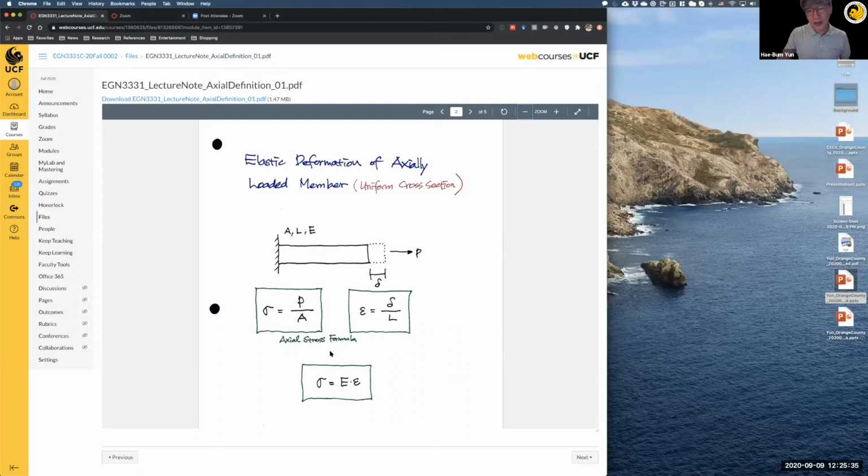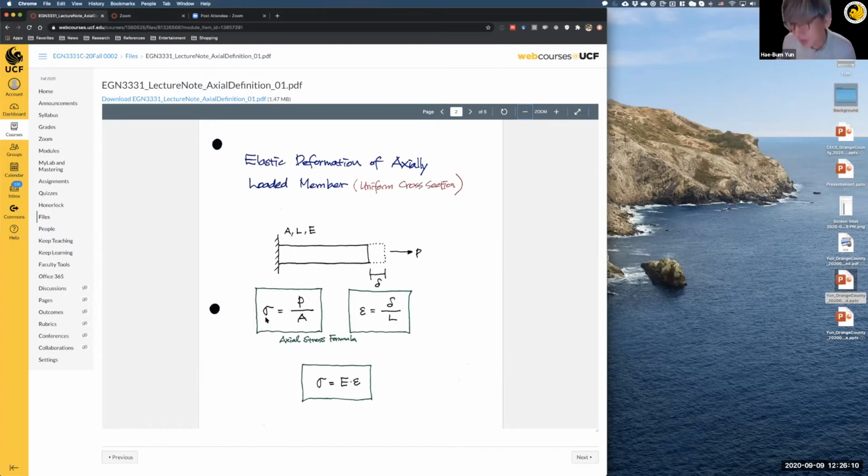Again, you're going to learn four types of formulae: the axial stress formula, shear stress formula, bending stress formula, and torsional stress formula, right? One of them is this. And because sigma is a normal stress, it causes normal strain, which is epsilon, right?